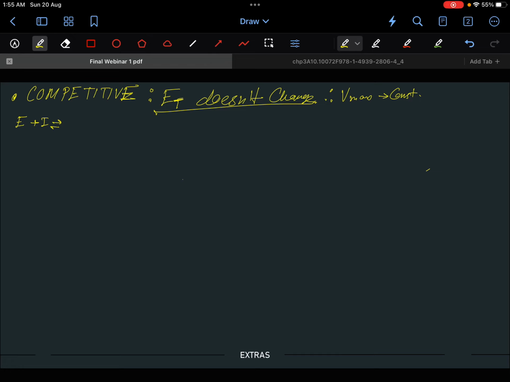But now, since the Vmax is constant, from the eyes of the enzyme there are two things: there are substrates and there are inhibitors. Before inhibitor is added, the enzyme can see only substrate. But whenever the inhibitor comes, there are more inhibitors.